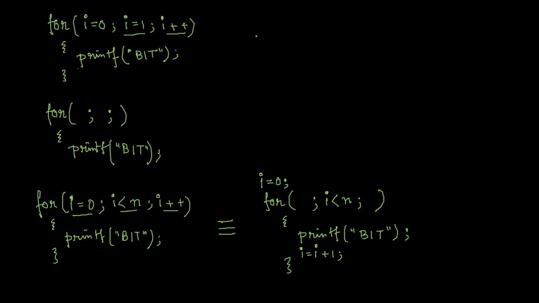Suppose I have written something like this: for I equal to 0, I lesser than say 5, and I plus plus, and then I have written say printf. I have not written any bracket.